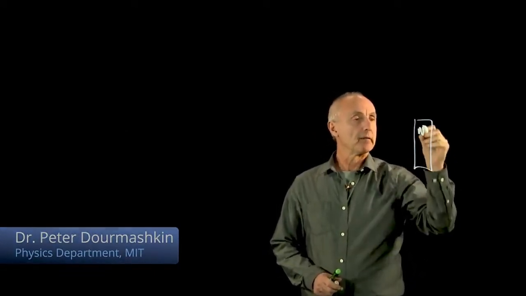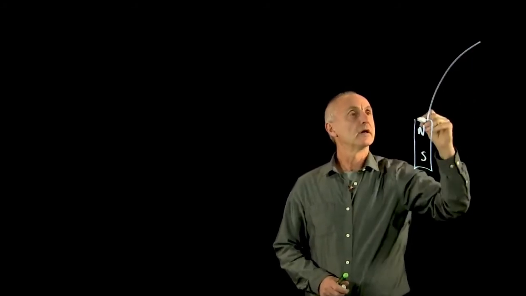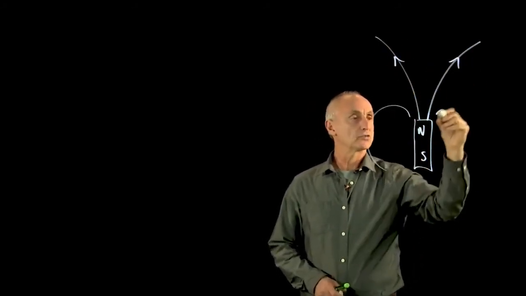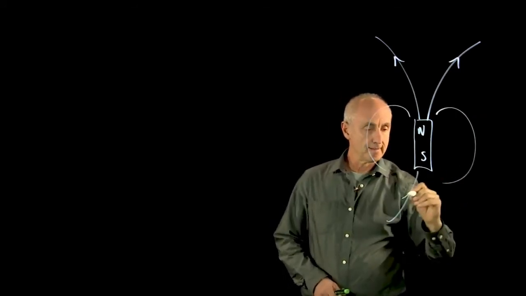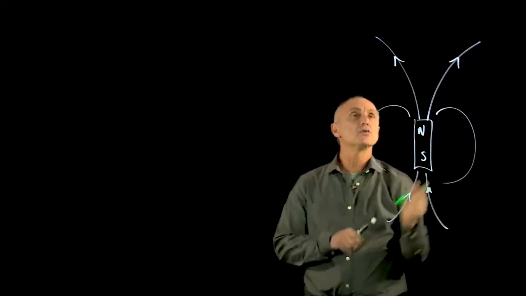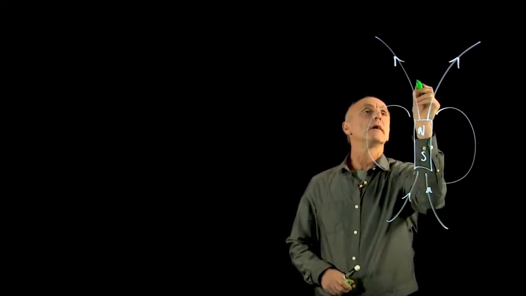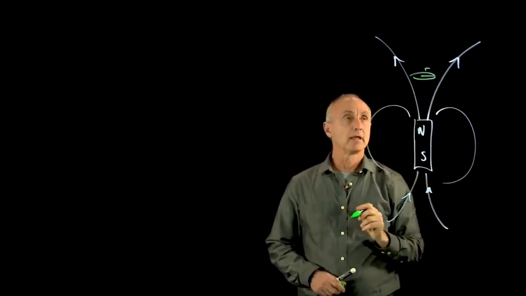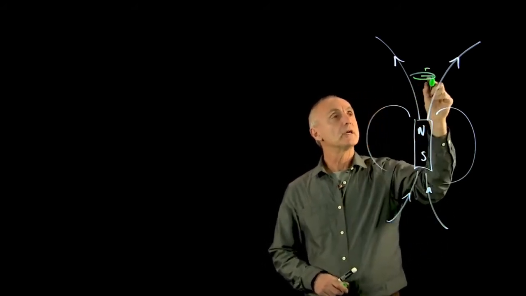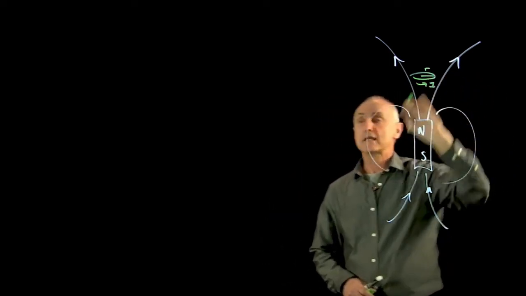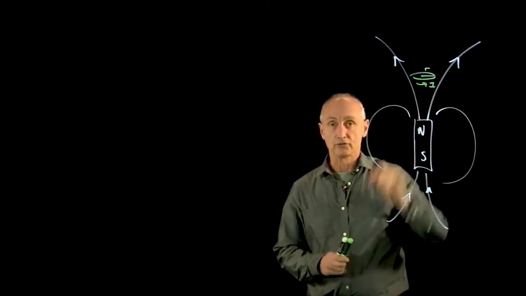Suppose we have a magnet, like a north-south magnet, and it's producing a non-uniform magnetic field. We'll just draw some field lines like that. And now let's put a small current loop of radius r inside here. We have a current I, and we'd like to calculate the force on this current loop.